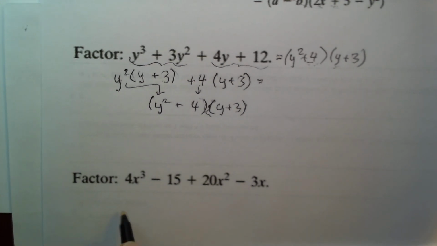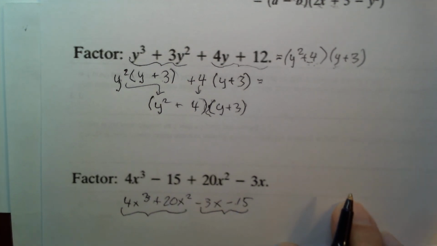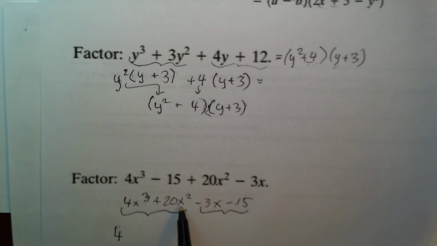So when we rewrite this as 4x to the third plus 20x squared minus 3x minus 15, and we look at these two groups, first group, second group, then for the first group we know we can factor out a 4 for the coefficients, and we can factor out an x squared.